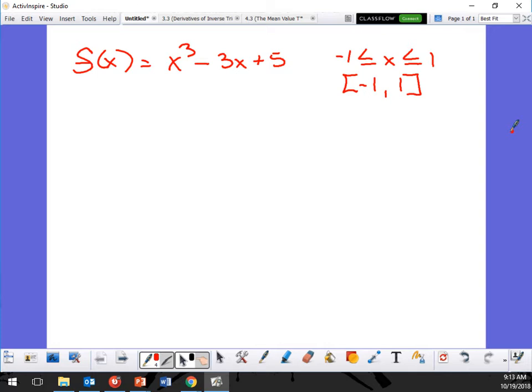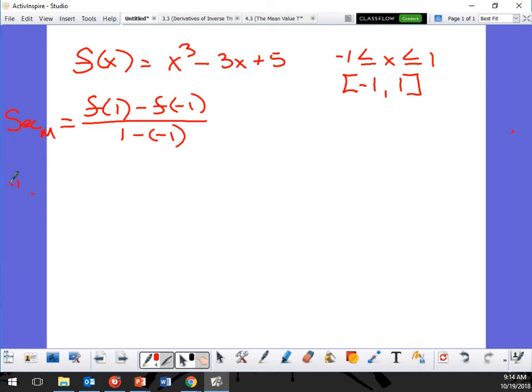All right, so now on that closed interval, I have to find the slope of the secant line. So it's going to be f of 1 minus f of -1 over 1 minus -1. Okay, this is the slope of the secant, S-E-C-M.